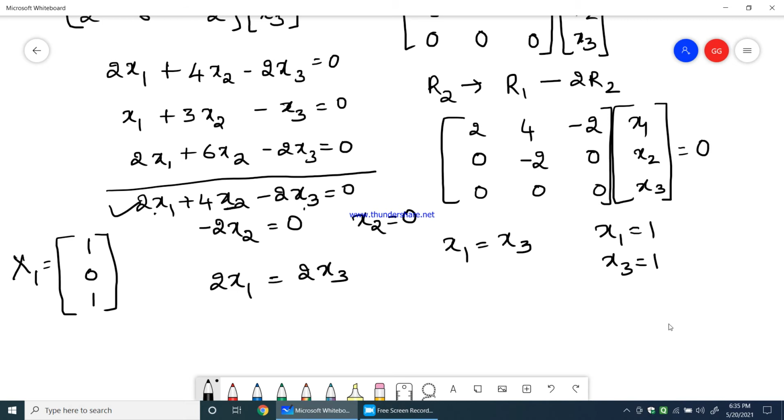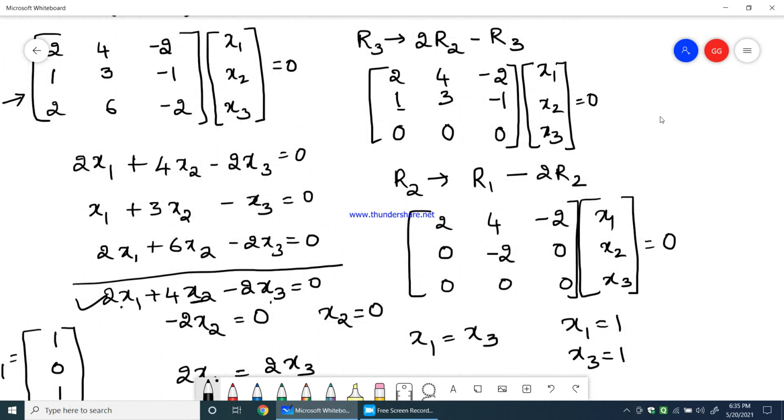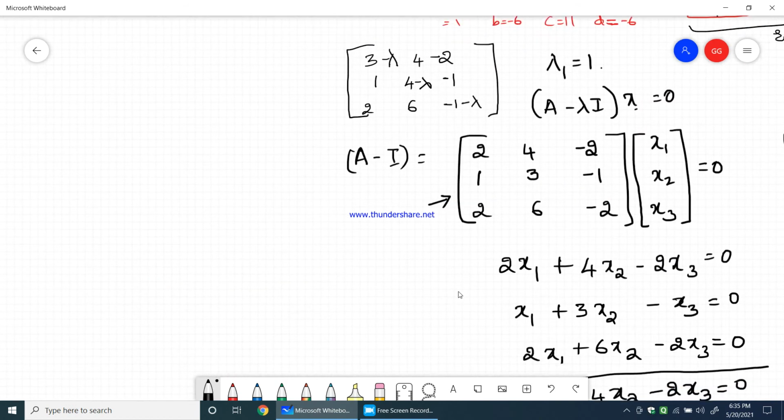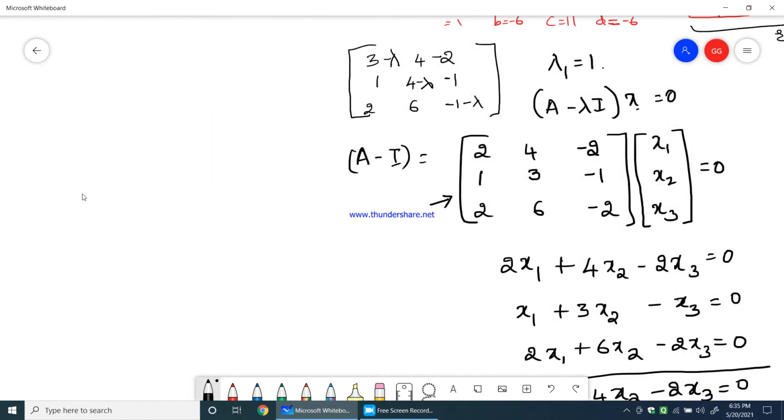Now we will try to prove this with the actual matrix that we have, whether the vector obtained is correct or wrong. The actual matrix is 3, minus 3, 4, minus 2, 1, 4, minus 1, 2, 6, minus 1 multiplied by 1, 0, 1.